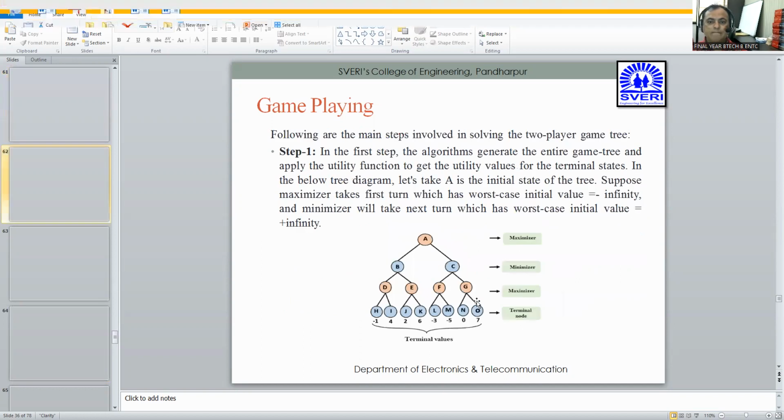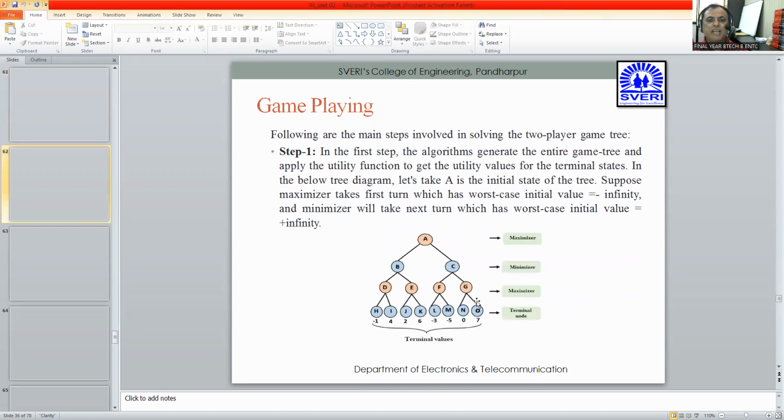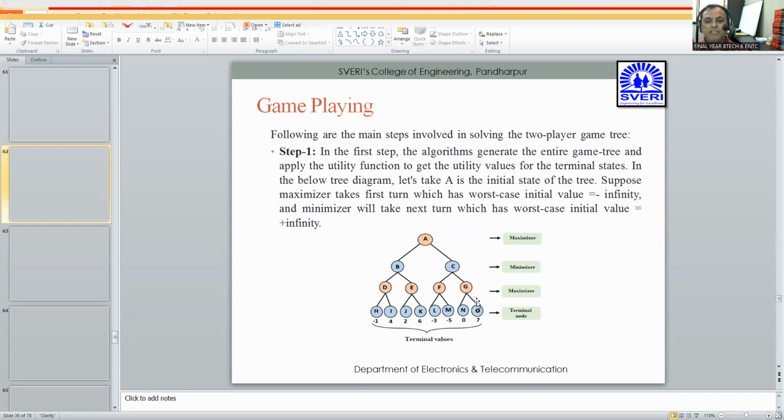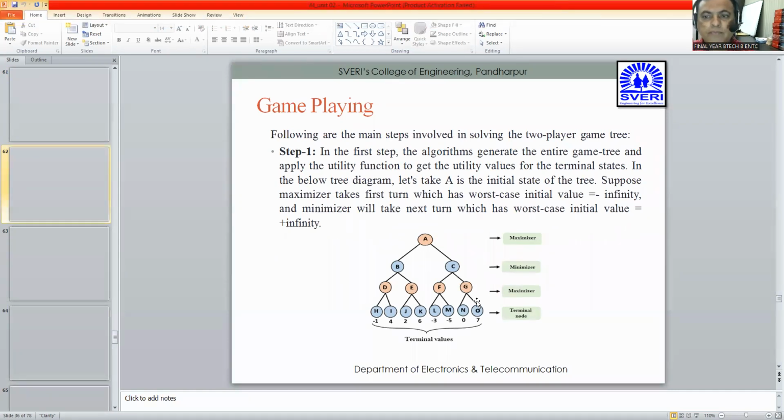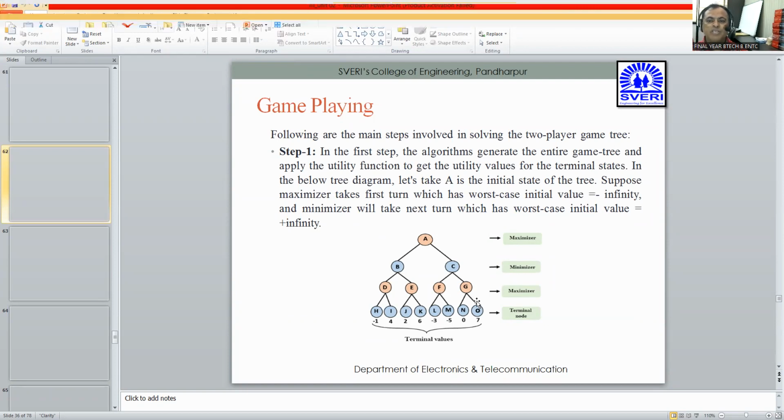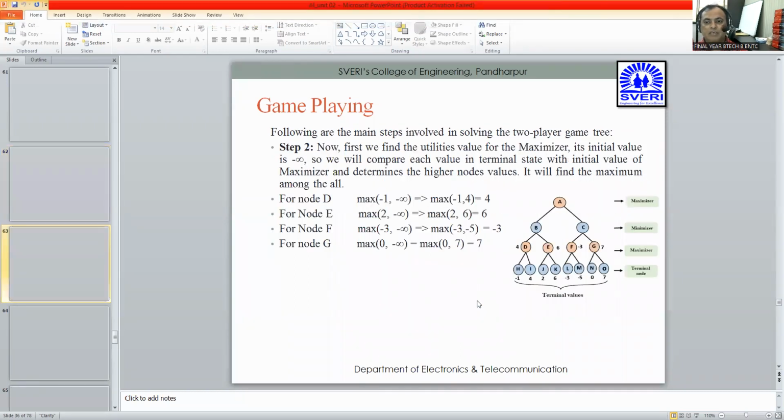This is the working. Let us take an example, going through it step by step. Step 1: A is the initial state of the tree. A is the maximizer, whose worst-case initial value is minus infinity, and the second one is the minimizer, whose worst-case initial value is plus infinity.